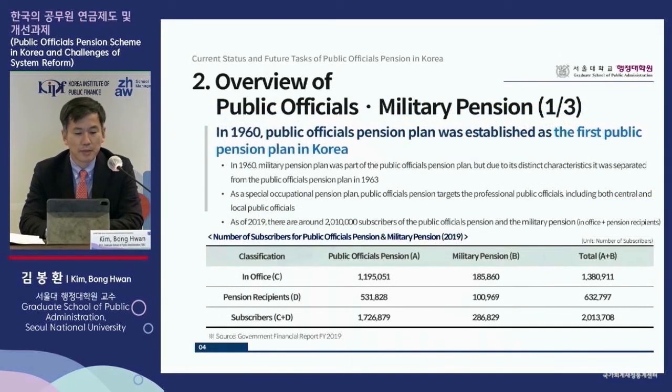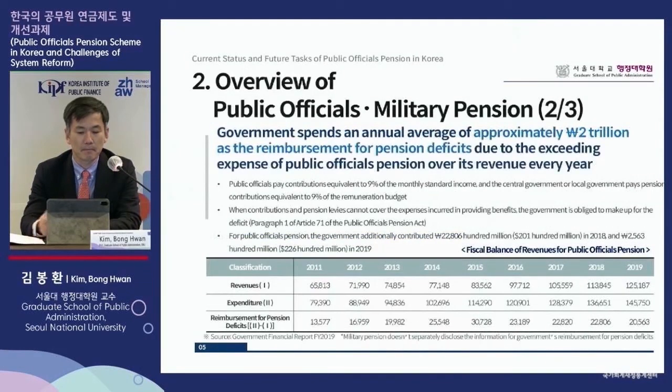Current public pension in Korea started in 1960, and since then over 2 million public officials have joined this public pension. And government subsidizes this public pension over 2 trillion Korean won every year, because the expense exceeds the revenue.